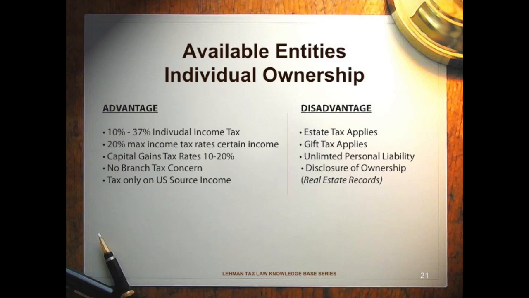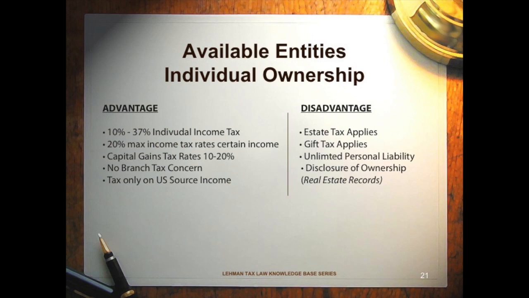The same with gift tax. The U.S. gift tax is very similar to the estate tax, and it taxes gifts. It's a little different. It has some exclusions, but you transfer the wrong asset, and you're going to be subject to a U.S. estate tax as an individual.